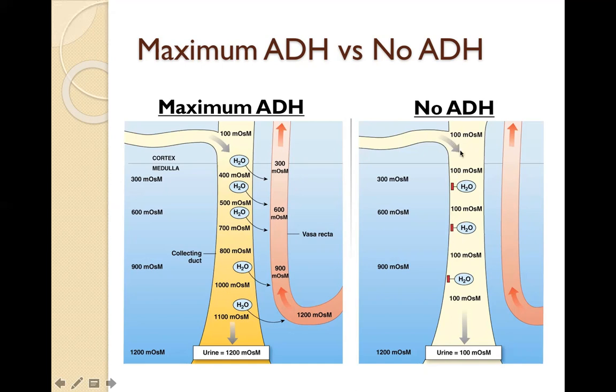And so with no antidiuretic hormone released, your filtrate stays hypoosmotic, around 100 milliosmoles. It can go down to about 50 because there is some slight reabsorption of some solutes within the collecting duct, but it's somewhere between 50 and 100 milliosmoles. That is the minimum concentrating ability of the kidney.